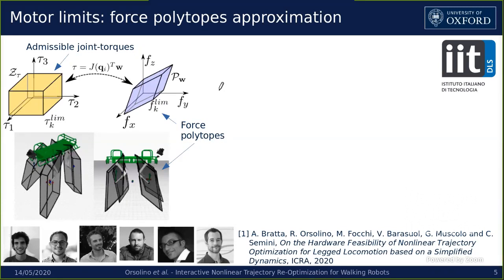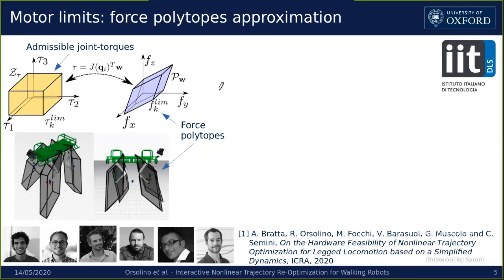The yellow box you can see on the top left corner of the slide is the set of admissible joint torques, and that can be mapped into a set of admissible contact forces at the end effector of the robot. The problem with that mapping is that it's configuration dependent, so it requires the knowledge of the full dynamic model of the robot.